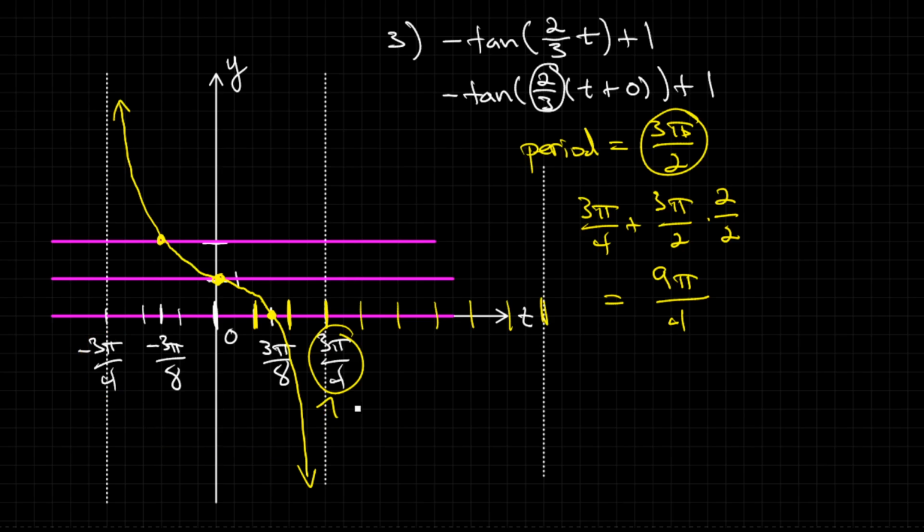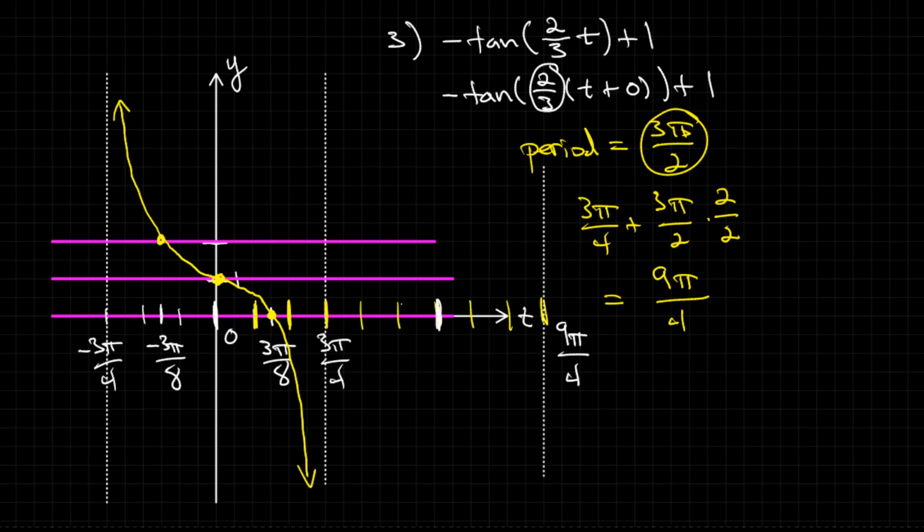So now I have my two asymptotes for the next period. Let's go ahead and fill in that this is 9 pi over 4. And then you can find the middle.